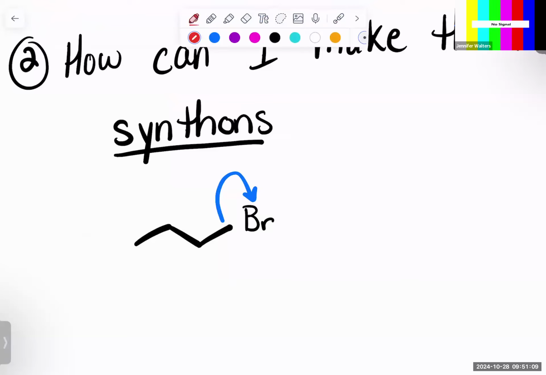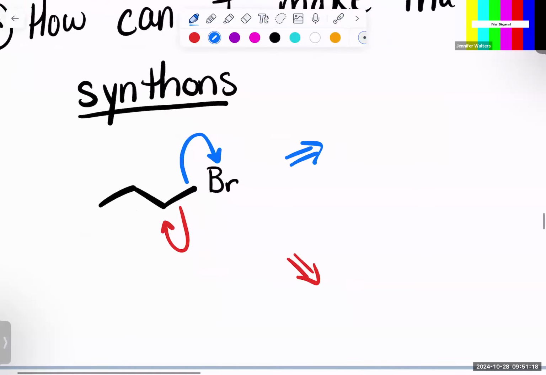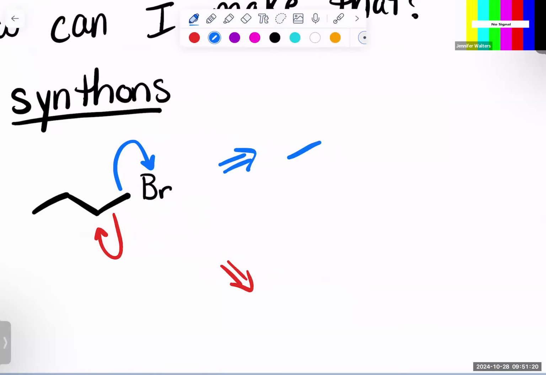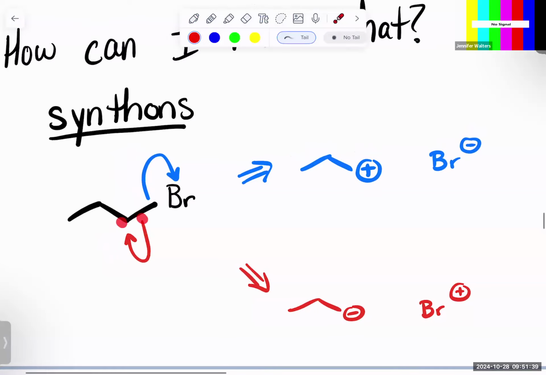We'll do the blue route or the red route. Our blue route is going to give us the 3 carbons with the positive charge and bromine with a negative charge. The red route is going to give us the 3 carbons with a negative charge and the bromine with a positive charge.